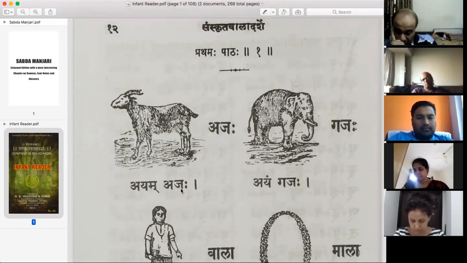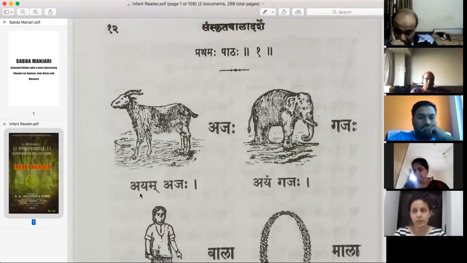So Ajaha also is Prathama Vibhakti, first case, singular and masculine. This is also first case, singular, masculine of Idam Shabda. So both of these are nouns.